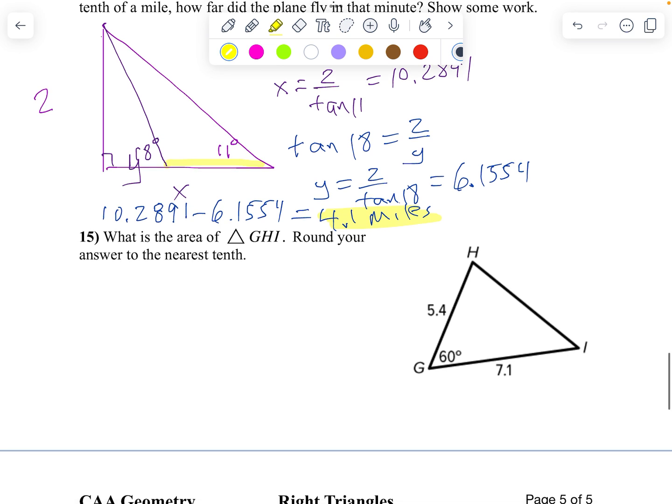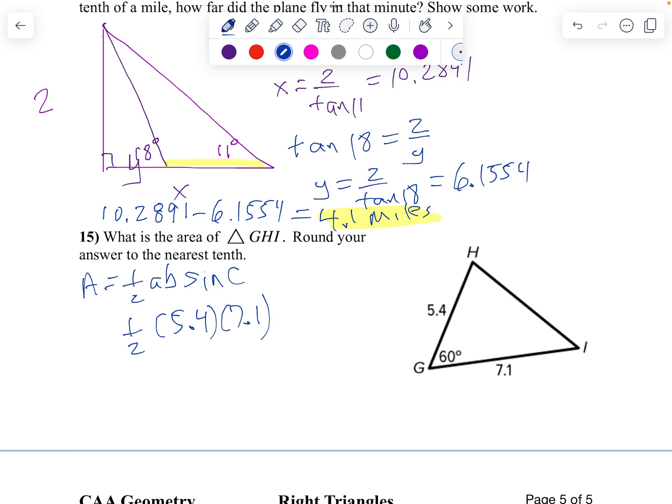Okay, question 15 is the only one I actually gave you the formula for. To find the area of a triangle, it's 1/2 ab sine C. Side angle side. 1/2, my side, one of the sides is 5.4. The other side is 7.1. And then we're going to take the angle between those two, the sine of 60 degrees. I know on your assignment, we did some more complicated ones, but that's all I made you do here.